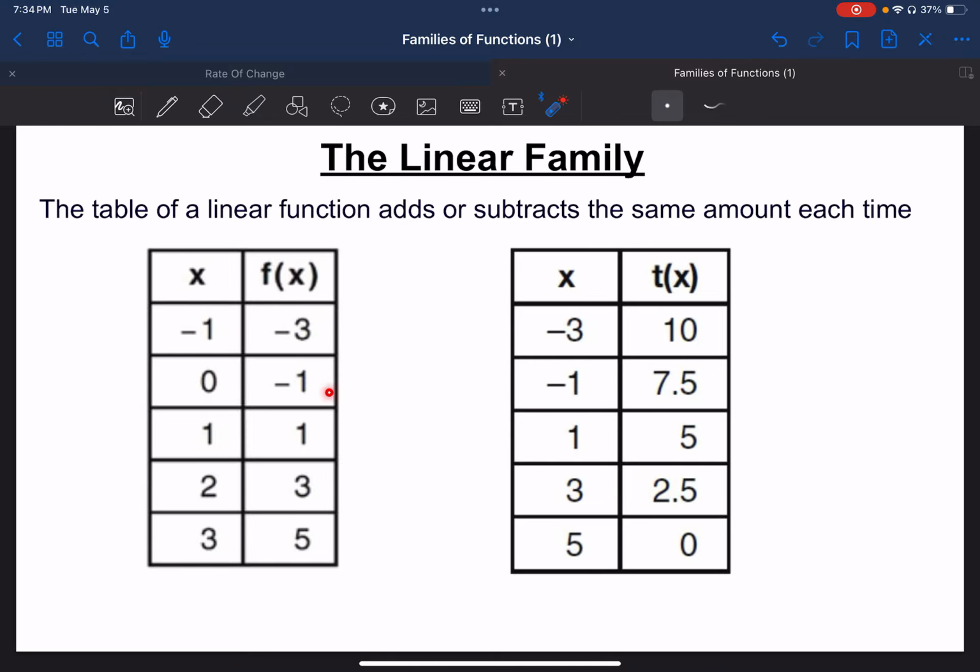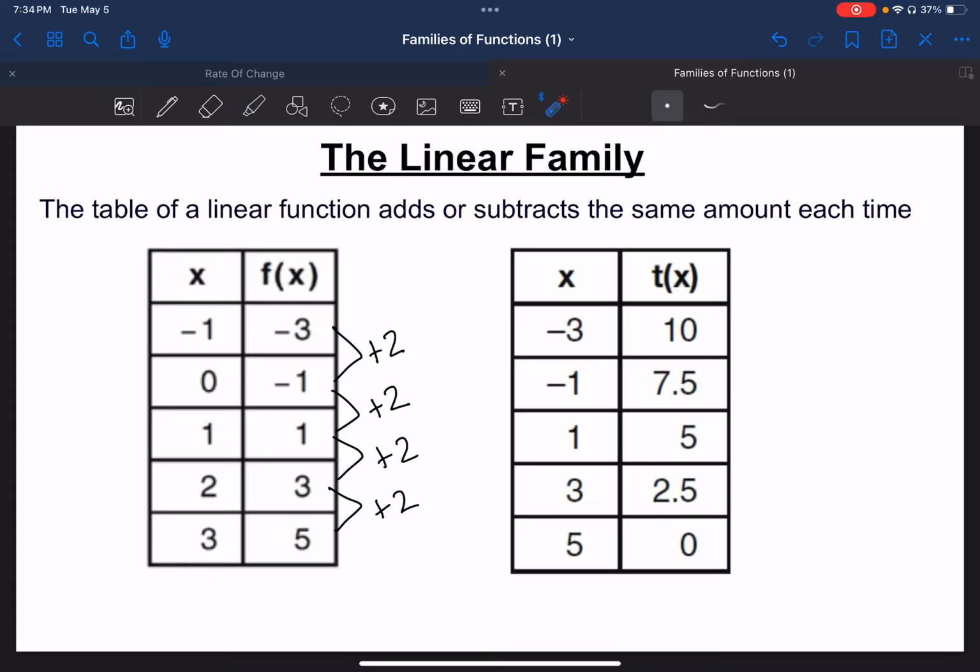And then if we take a look at the y, or the f of x column, the way that it is increasing is by adding 2. Right? So we can check that. -3 plus 2 gives us -1. -1 plus 2 gives us 1. 1 plus 2 gives us 3. 3 plus 2 gives us 5. That's how we check that this is a linear function.